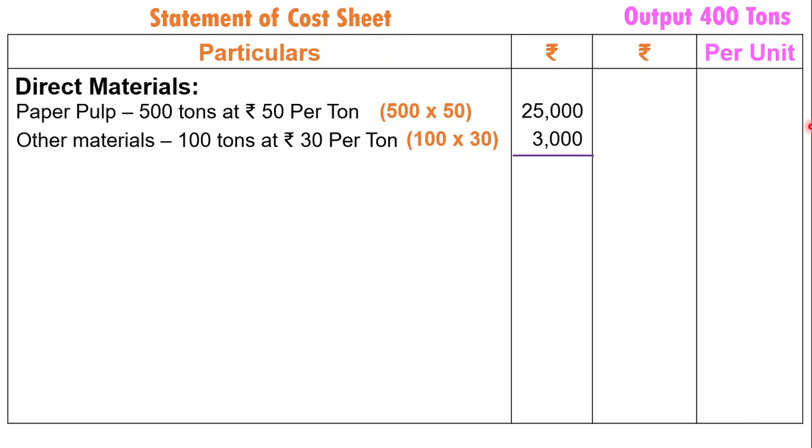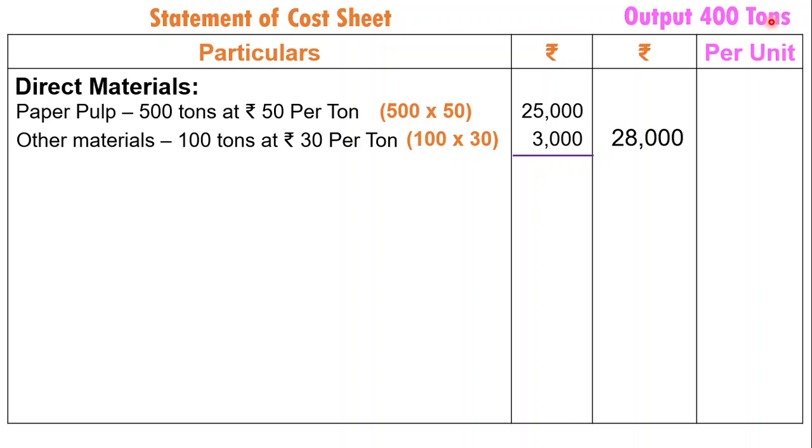The two items of direct materials are given. The total of these two is to be mentioned on the outer column, 28,000. This is an important title in preparation of the cost sheet. That's why 28,000 is the worth of direct materials for 400 tons of manufacturing of paper.